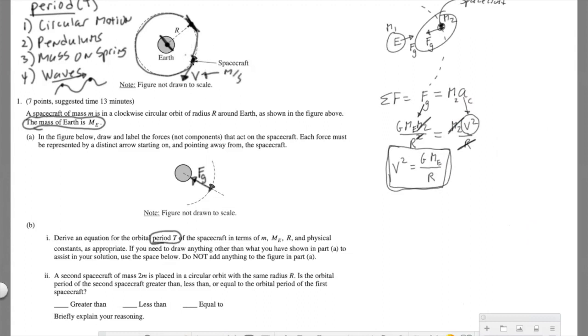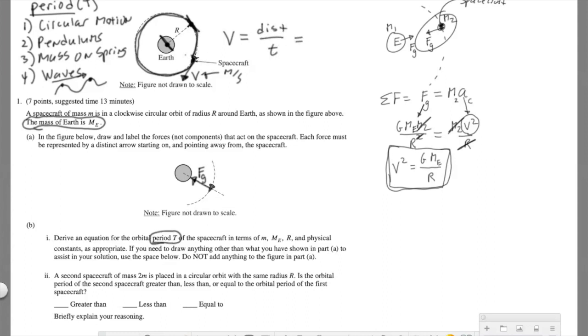You can imagine yourself running around a circular track. If you wanted to find your linear velocity, not angular velocity, how fast you are traveling as you run around this circular track, you're going to use the idea of distance over time.